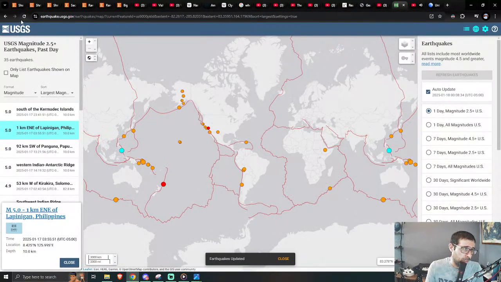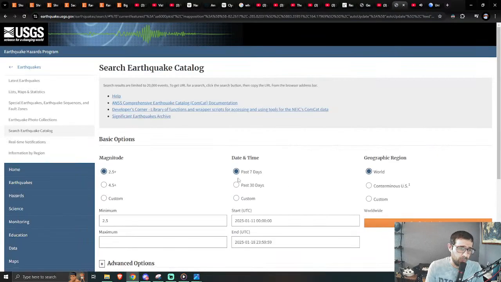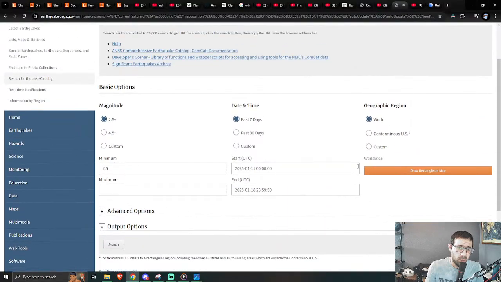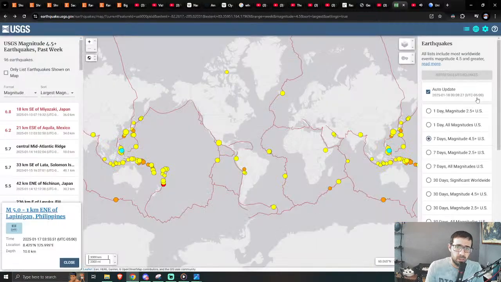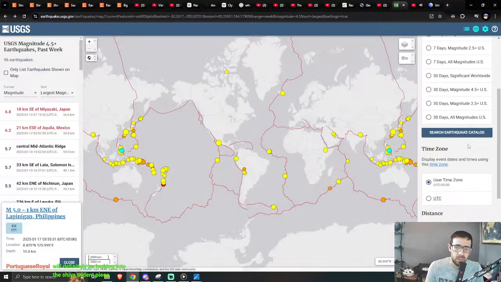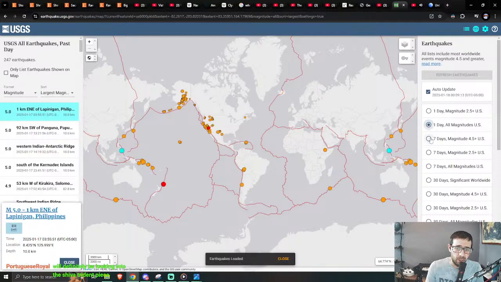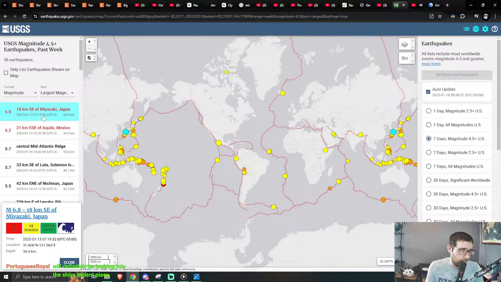Here's some earthquakes. Let's check them out. 7 days. That's 4.5 plus. I didn't mean to do that. I think it's already just populated then. I don't need to click anything. Okay. 6.8 in Japan on the 13th, 5 days ago now, I guess.